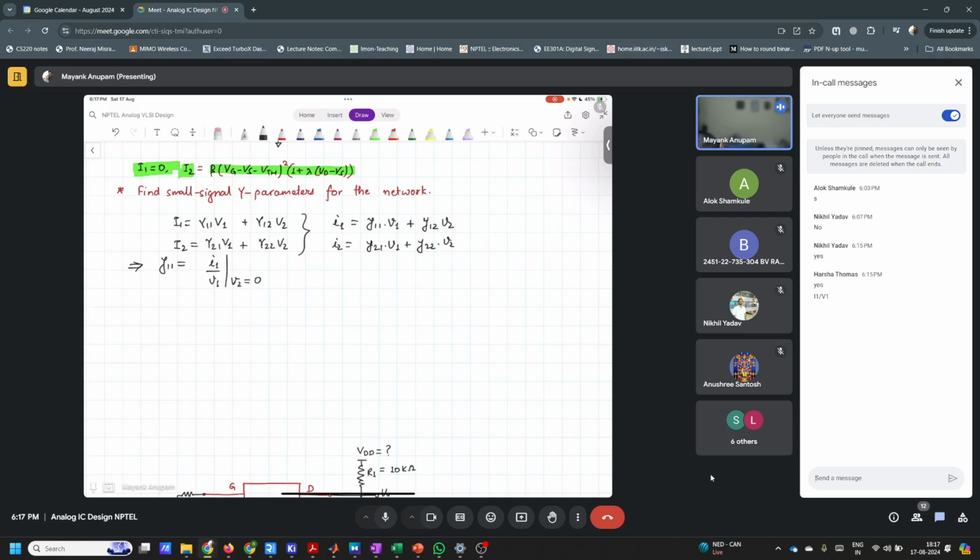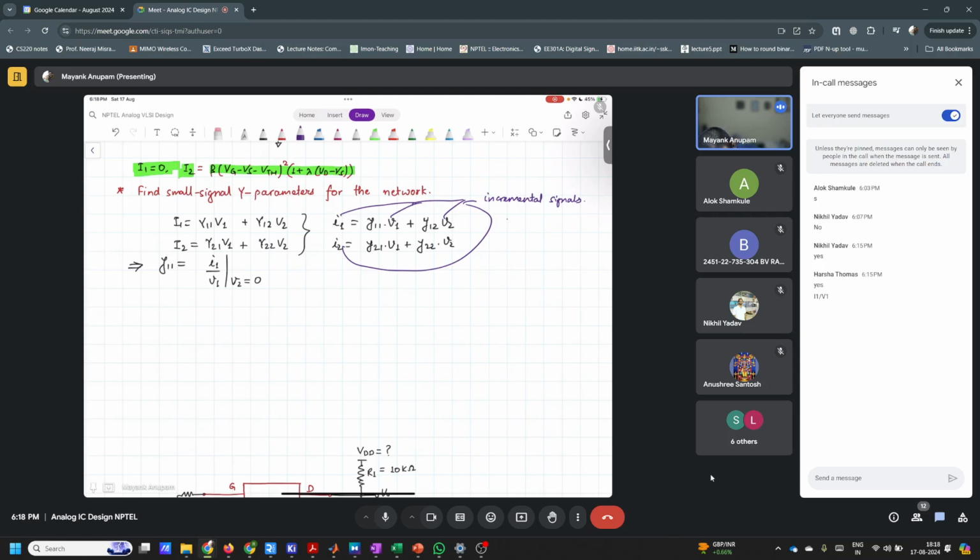So all these quantities here are incremental signals.